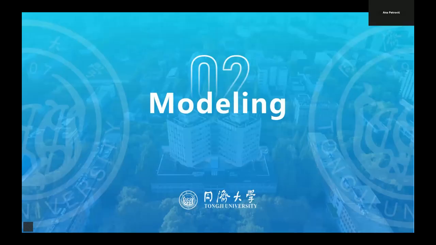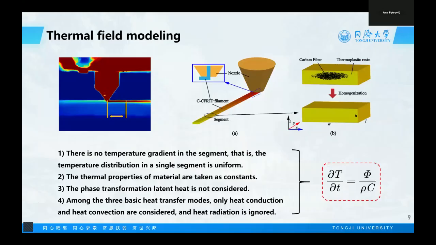The second part is the modeling. We first model the heat transfer behaviors during the 3D printing process, and from the IR images and our previous research, the following assumptions are proposed to simplify the heat transfer governing equation into a zero-dimensional problem.